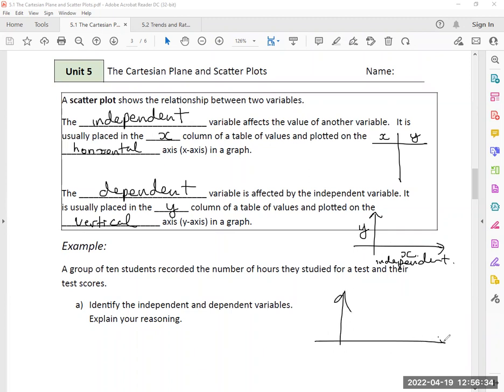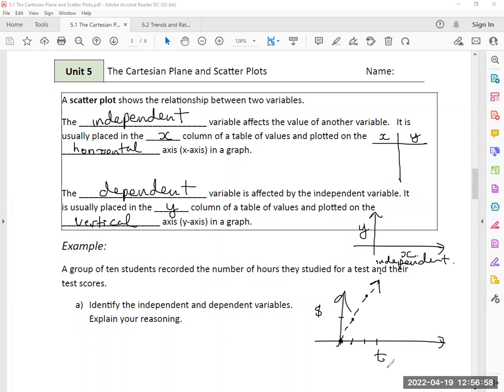It might make more sense if I said, this is the amount of hours I work at a job, and this is how much money I earn. So if I work 0 hours, I make 0 money. If I work 1 hour, I make, let's say, $15. If I worked 2 hours, I make $30. 3 hours, 45, and so on and so forth.